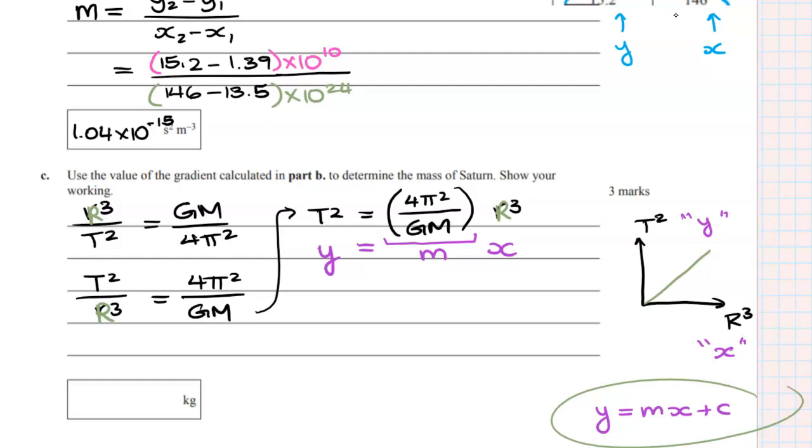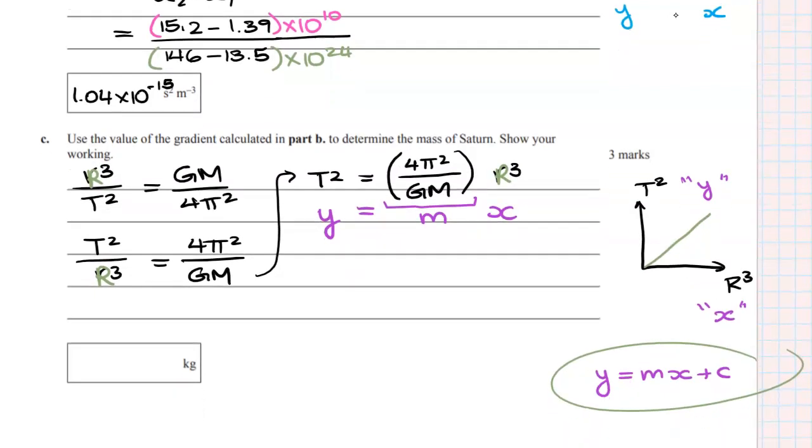So this all means that if we use the gradient here, that has to be equal to 4 pi squared over gm. So this means that 4 pi squared over gm equals, I'm going to write the gradient here rather than m, because you might accidentally think it's a mass of something here.